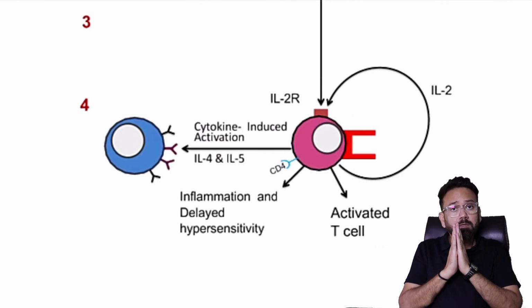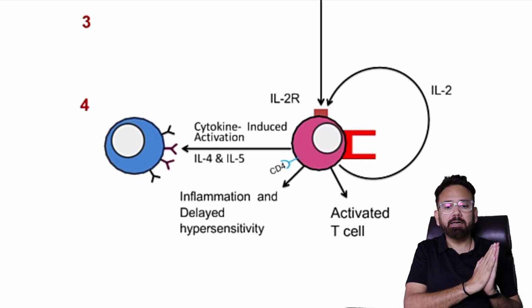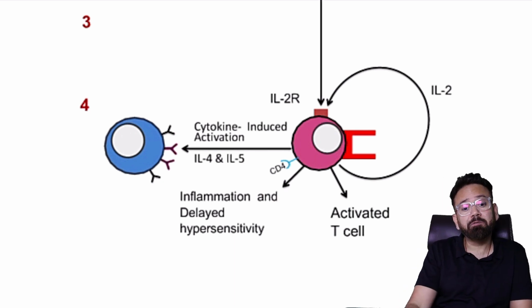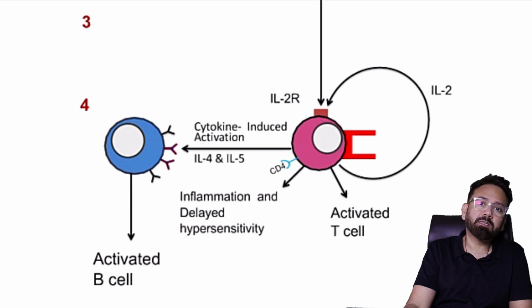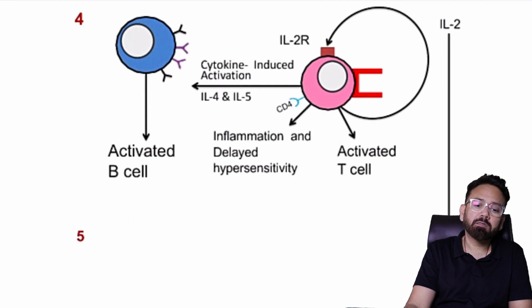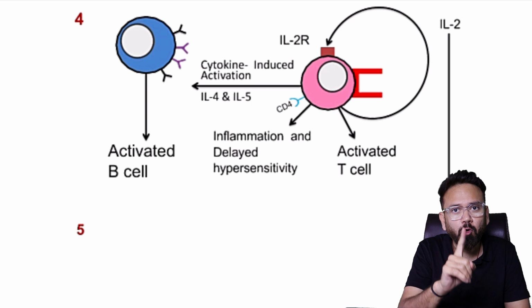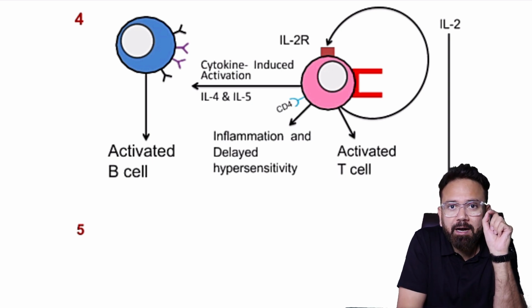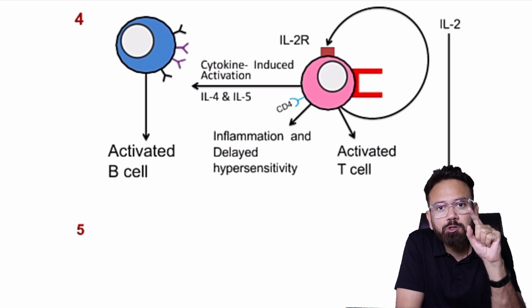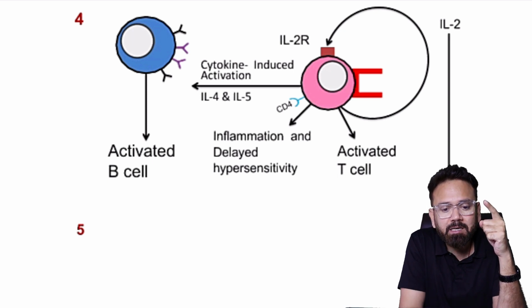Now, these activated T lymphocytes can cause cytokine-induced activation of the B lymphocyte into plasma cell, through interleukin 4, interleukin 5. So now activated T lymphocytes are going to release interleukin 4, interleukin 5, and they will activate whom?